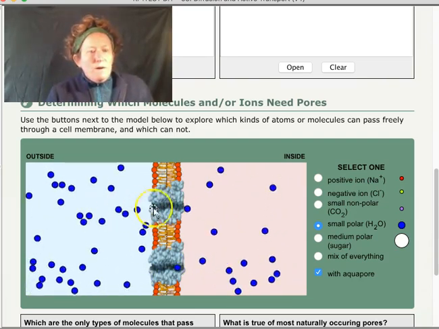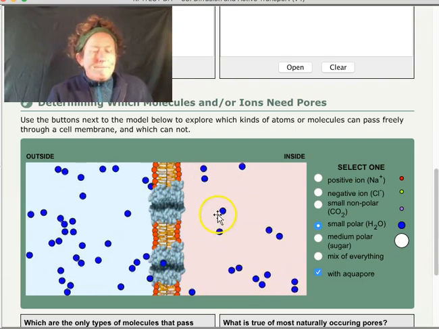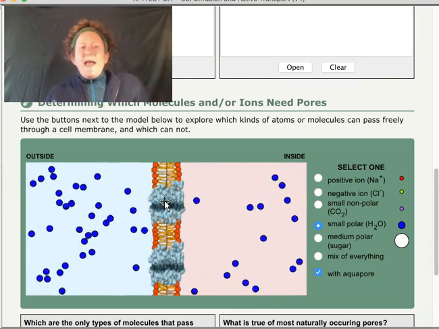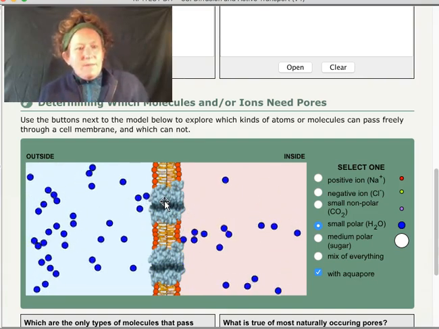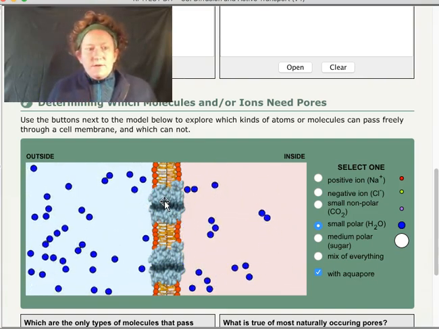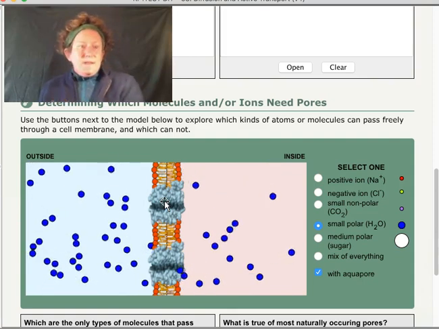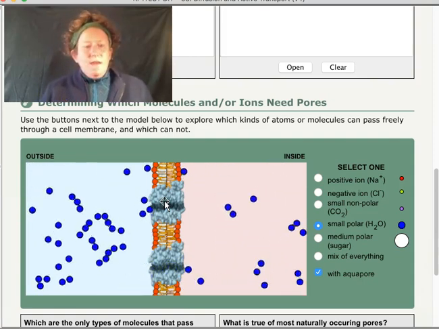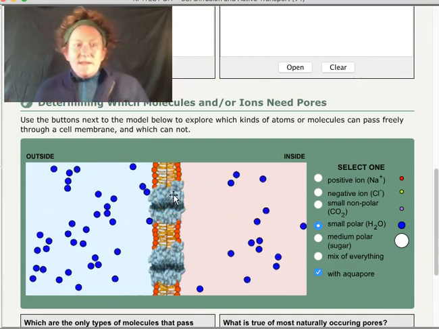And so you can see water can diffuse much better when it has a pore. When something needs help getting across the cell membrane, but it doesn't use energy, that's called facilitated diffusion.